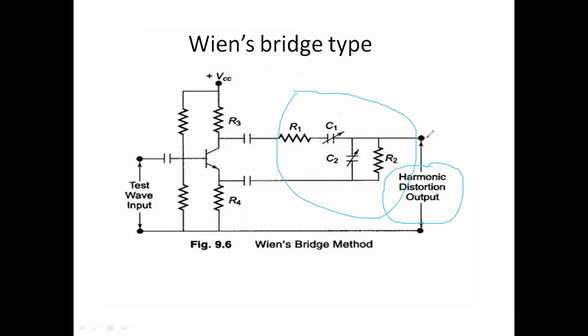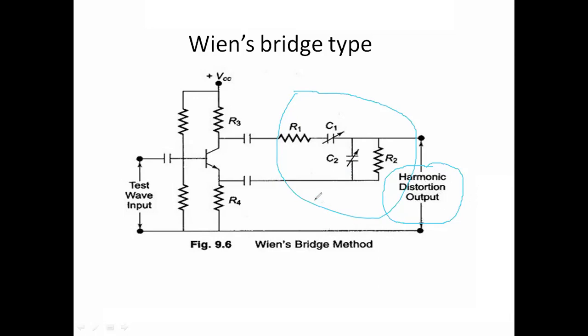The output terminals of this bridge type network are connected to a meter. In the meter, the total harmonic components will be read in the form of an RMS value, and that shows the total harmonic distortion. So this is a Wien's bridge type harmonic distortion analyzer.